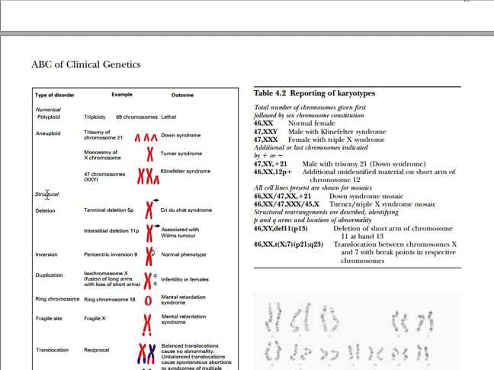Now, structural abnormalities of chromosomes, which can be diagnosed with chromosomal analysis. We have deletions. For example, if you have a terminal deletion of the 5p arm, I said that p is the short arm. If you have a terminal deletion of the short arm of chromosome 5, it is going to be called Cri-du-Chat syndrome. Is it clear?